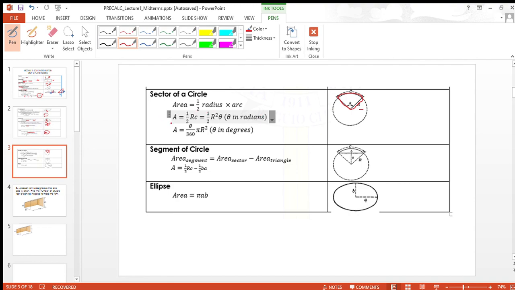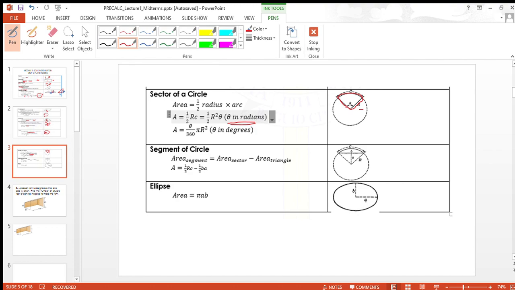So the area is 1/2 times the radius r times the arc c. These two are proportionate with each other, but we need to take note that our theta is always in radians.